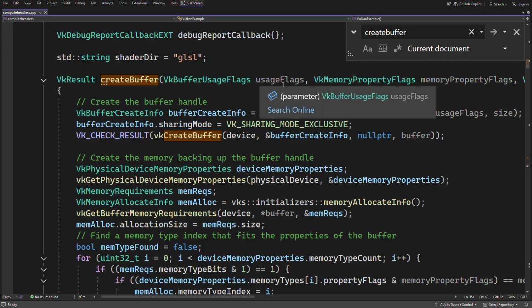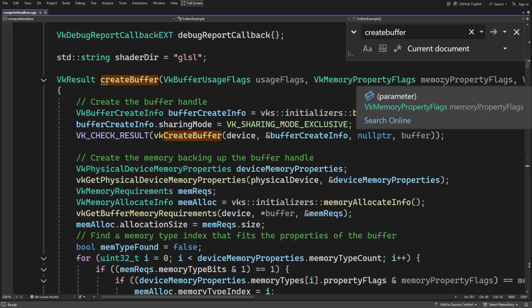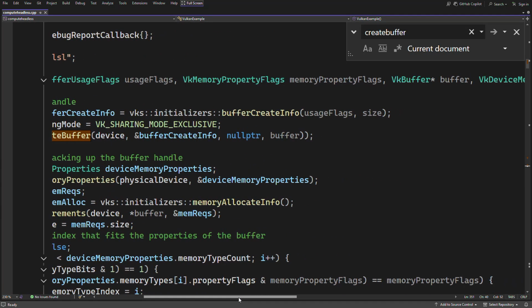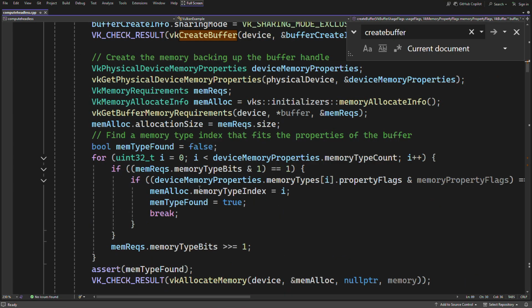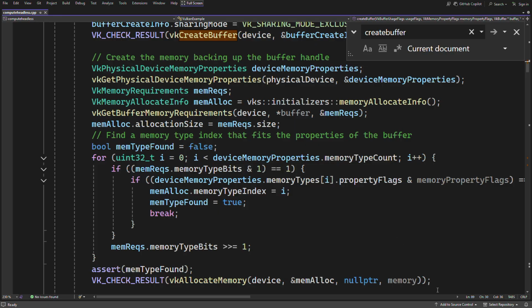There's a usage side, what are we using it for, and then the actual properties for the memory that we're using for our application. All right. So we basically do a for loop, and we loop through all of the memory types that are available to us, and then when we find one that matches what we need.